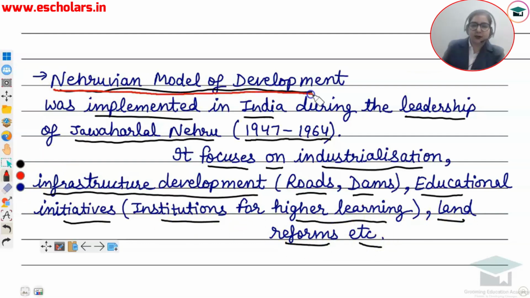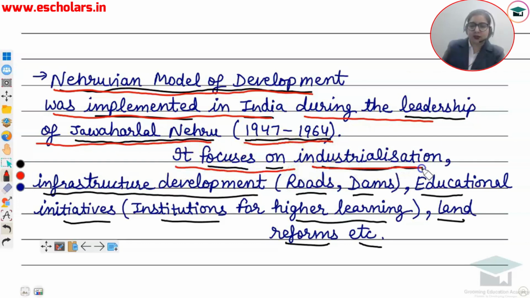Nehruvian model of development was implemented in India during the leadership of Jawaharlal Nehru, 1947 to 1964. It focuses on industrialization, infrastructure development, roads, dams, etc., educational initiatives, that is, institutions for higher learning, land reforms, etc.